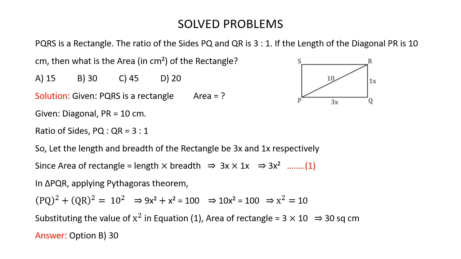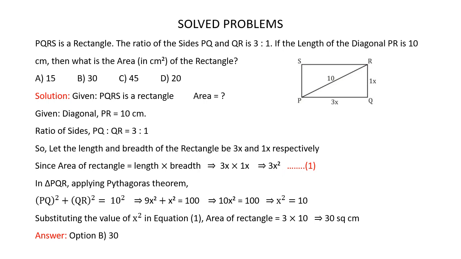Now we know that area of a rectangle is equal to length multiplied by breadth. So area of the rectangle PQRS would be 3x multiplied by x, which is 3x squared. Now if we know the value of x squared, then we can easily find the area of the rectangle PQRS.